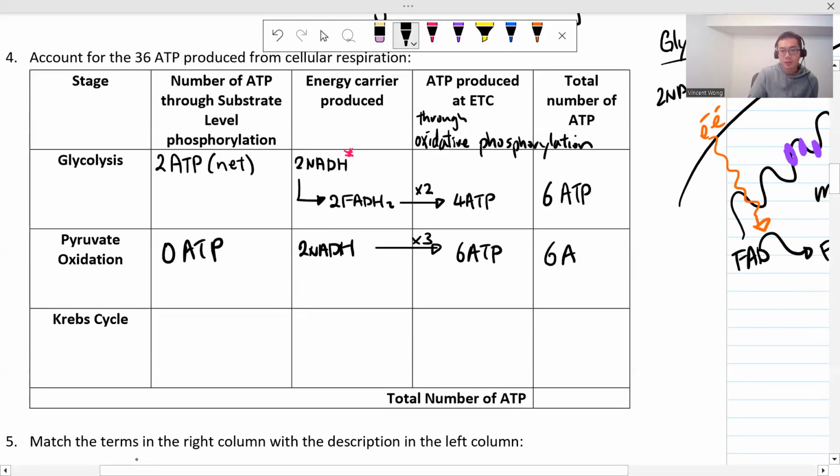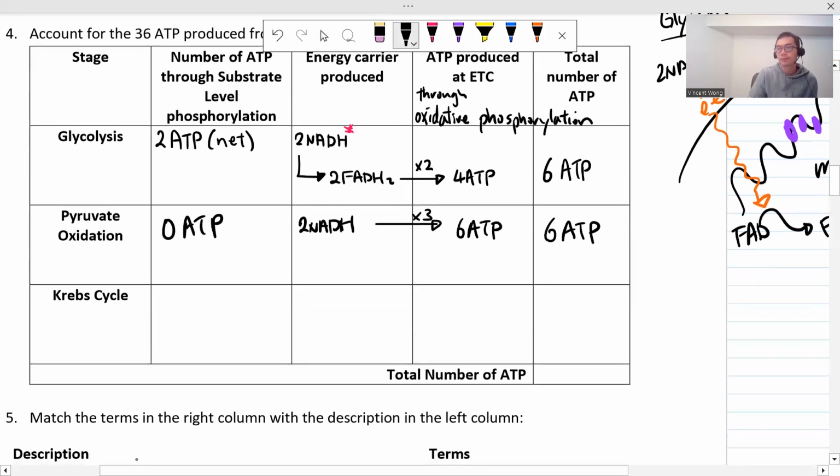So just 6 right here. Nothing from substrate level phosphorylation, and then just 6 from the NADH. Vincent, so the 6 here is because NADH produces 3 ATPs each? That's right.